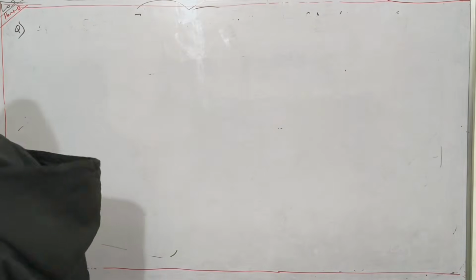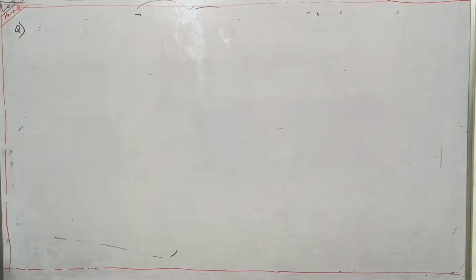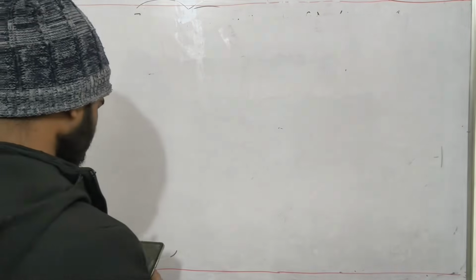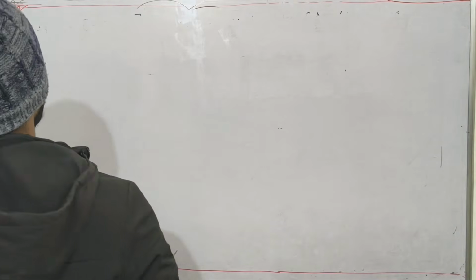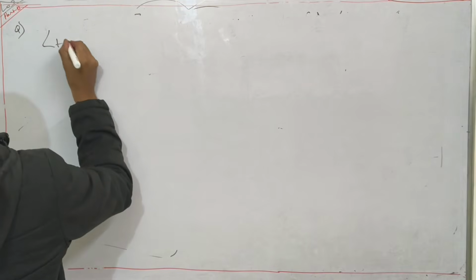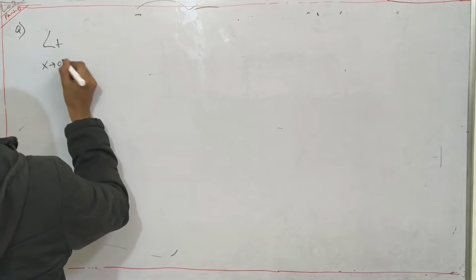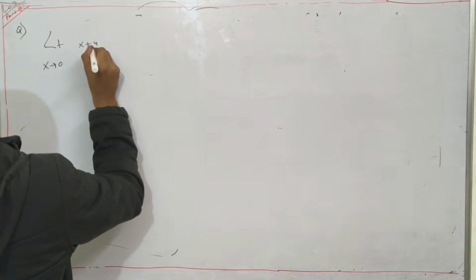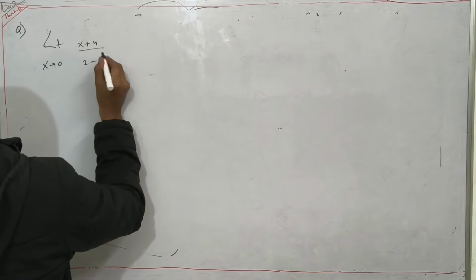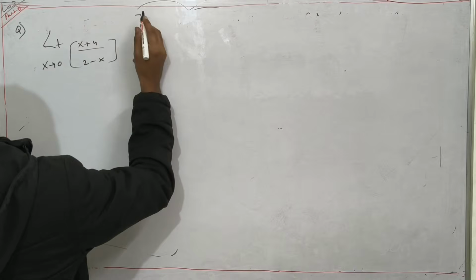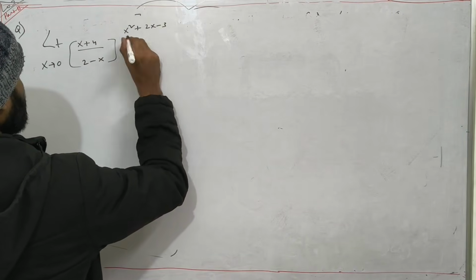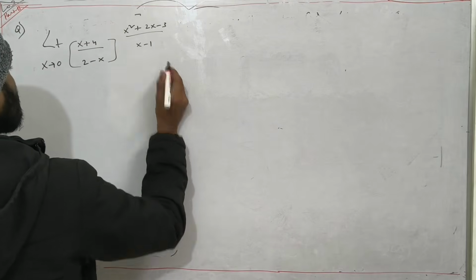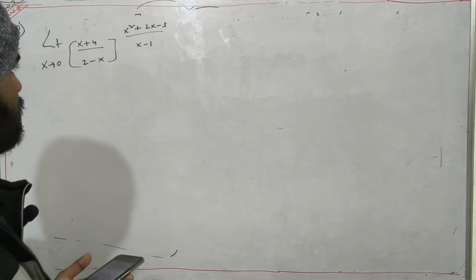Question is: limit x tends to 0 of ((x plus 4) by (2 minus x)) whole power (x square plus 2x minus 3) by (x minus 1).